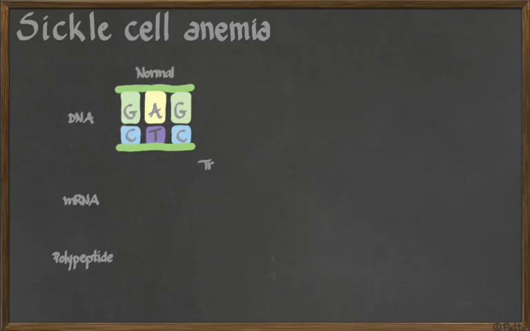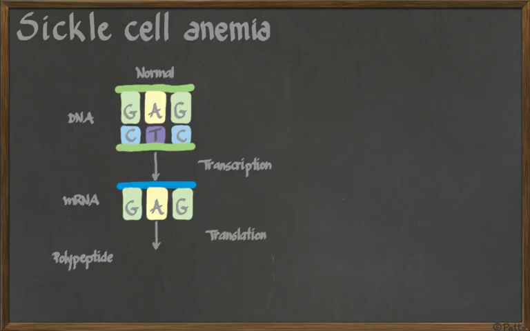In transcription, GAG makes CTC, the CTC makes a GAG. So GAG makes GAG back again. And this here, in translation, produces a polypeptide that has in this codon an amino acid glutamate. So GLU. So this here is a normal one, okay?